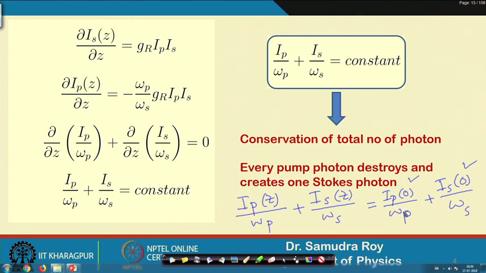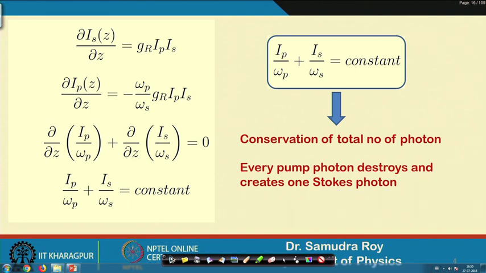Another important thing we find from this equation is that the rate of change of pump photons is equivalent to the gain of signal photons. So, the number of pump photons that are destroyed will create the same number of signal photons.